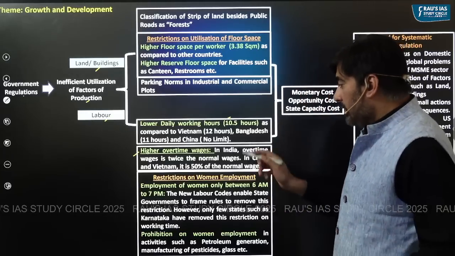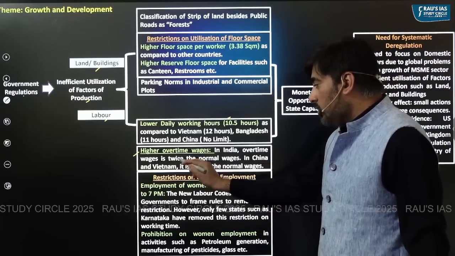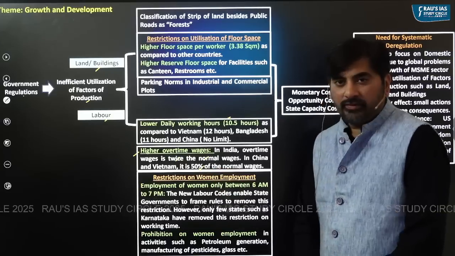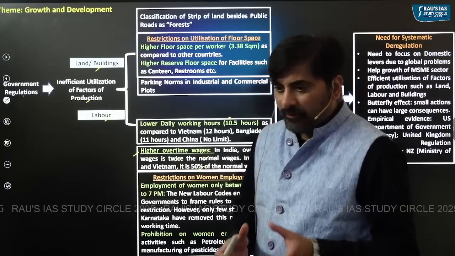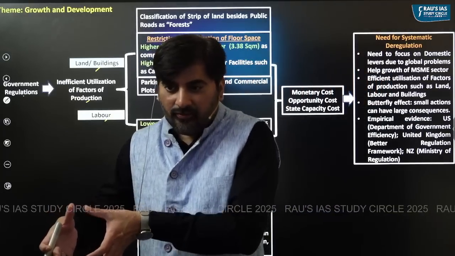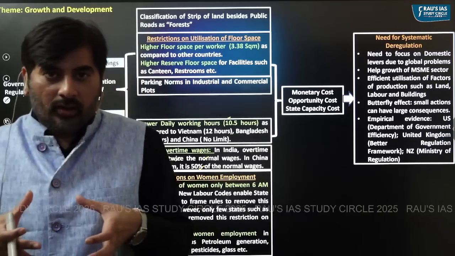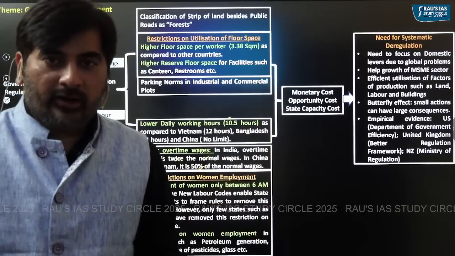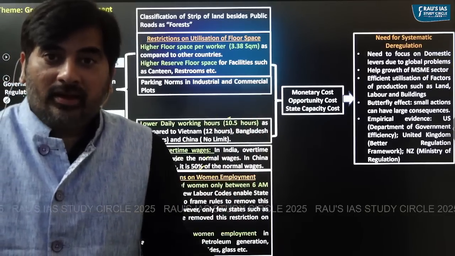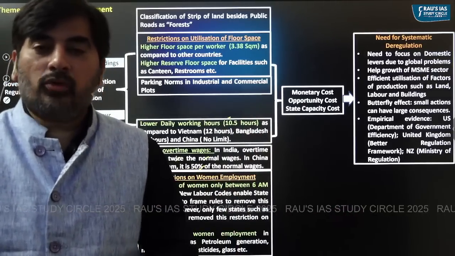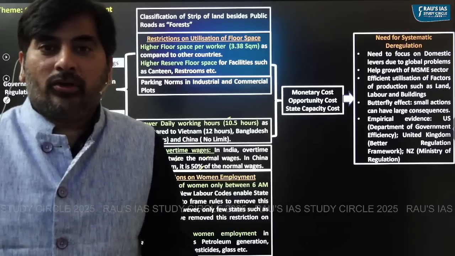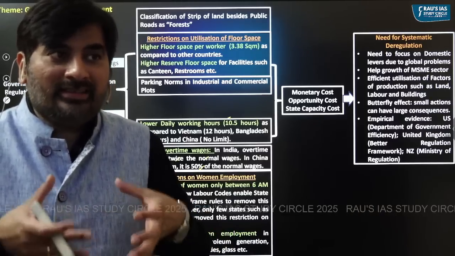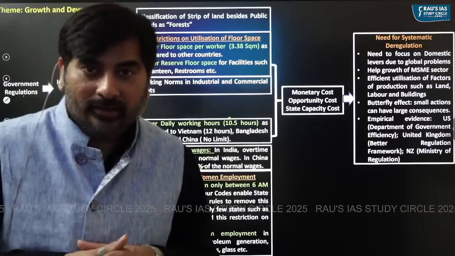For example, the overtime wages in India is twice the normal wages, whereas in China, it is just 50%. So seeing it from the perspective of the economic survey, if I'm an entrepreneur and I want to employ my workers beyond 10.5 hours, I'll have to pay them double the wages, which will increase my production cost. So to limit my production cost, I will not probably employ my workers for overtime. In a way, it is hindering the growth of an industry.